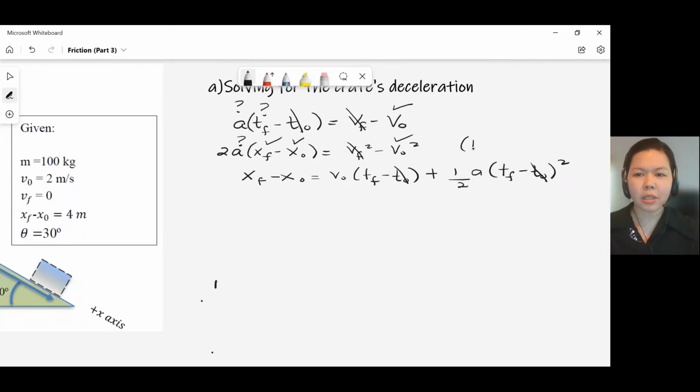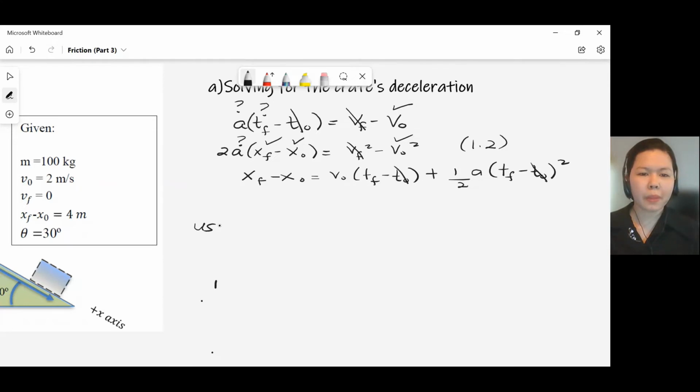So this is actually the 1.2 equation. Looking now at equation 1.2, we have the unknown a and the rest of the given are all available. So we will use 1.2.